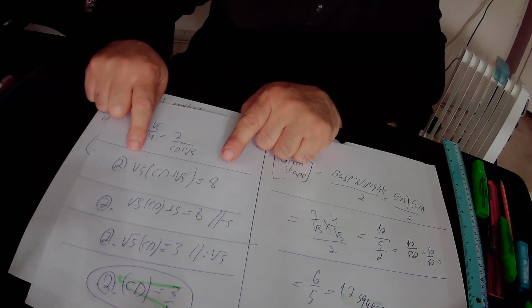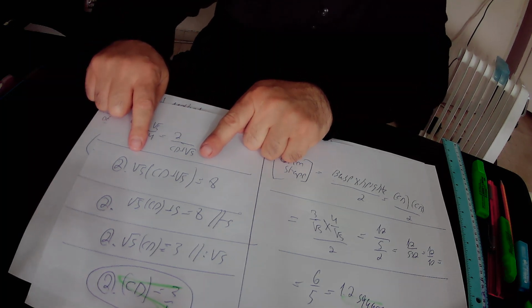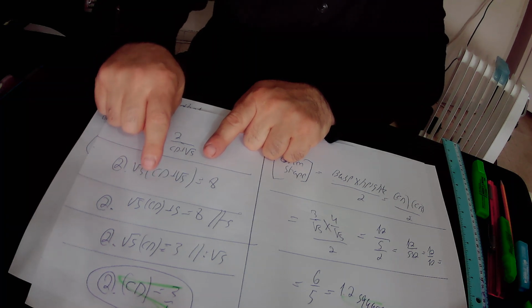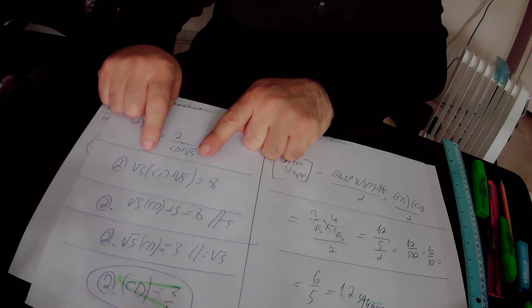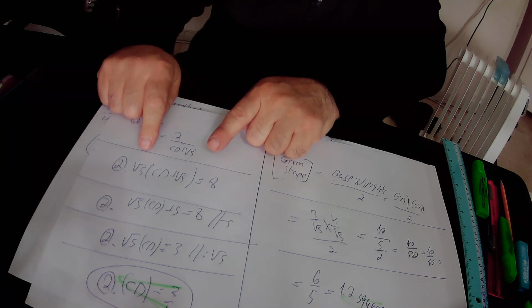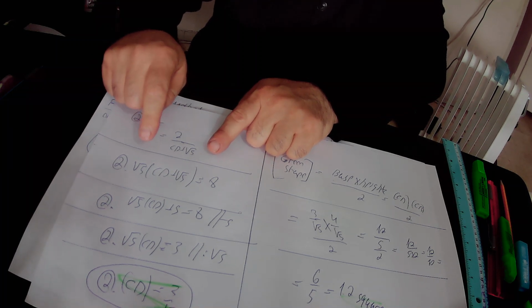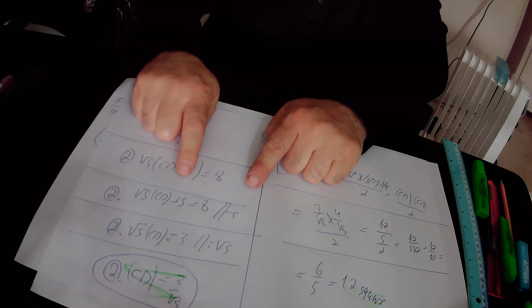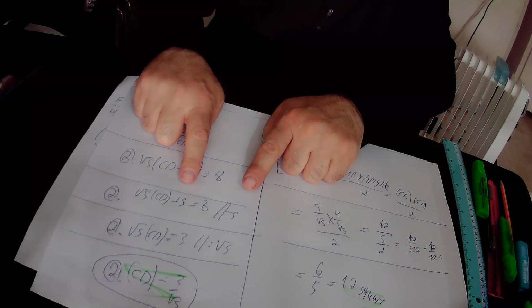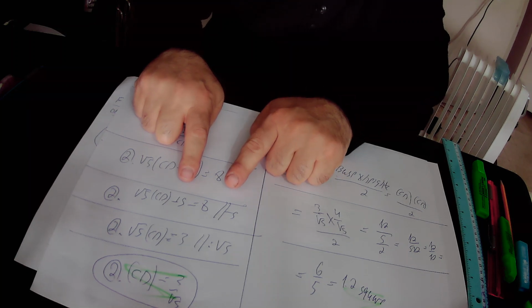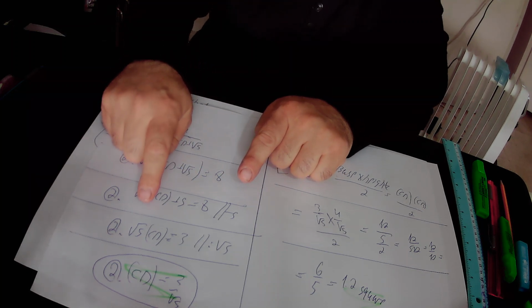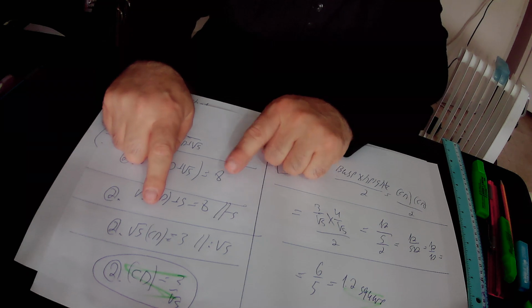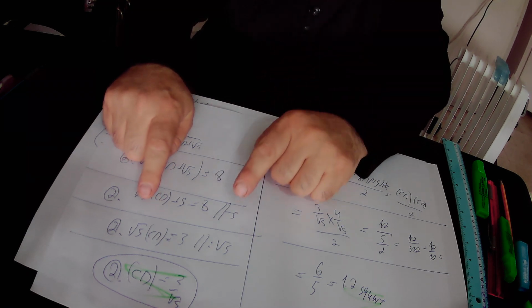We open the brackets on this side of equation 2. Square root of 5 times square root of 5 is 5, so we have square root of 5 times CD plus 5 equals 8. We subtract 5, and find that square root of 5 times CD equals 8 minus 5, which is 3.